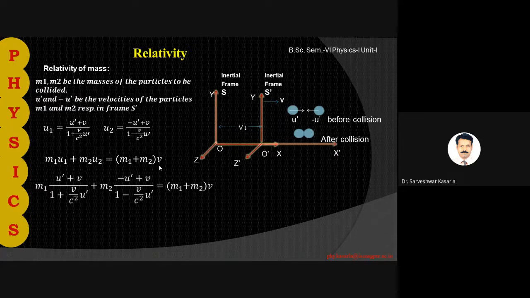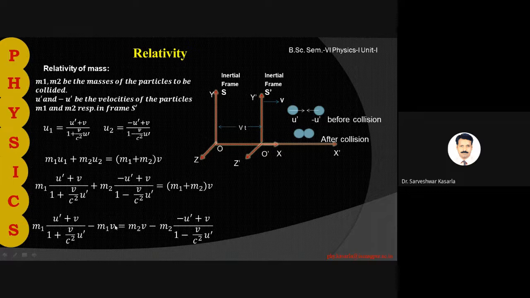Now, if you put the values of u1 and u2 from the above equation, you will get the expression like this. Now if you transfer the m1 term to the left hand side and the m2 term to the right hand side, you will get this expression.